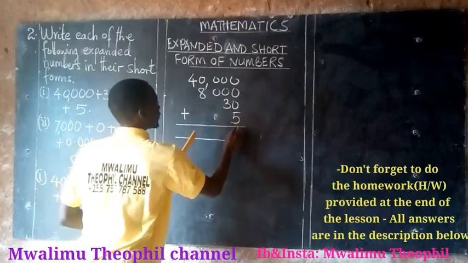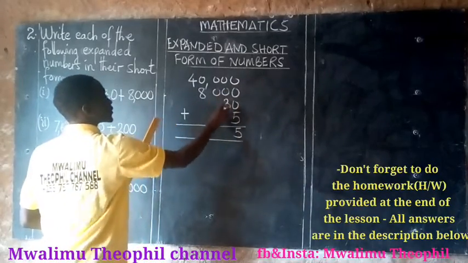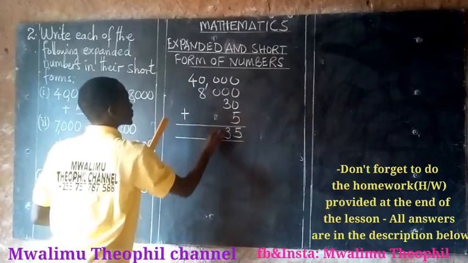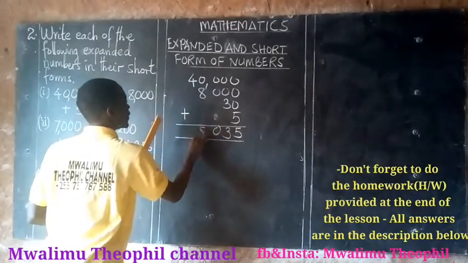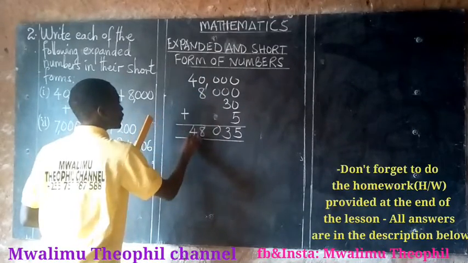Now, here will be 5, 0 plus 0 plus 3 will be 3, 0 plus 0 will be 0, 0 plus 8 will be 8, this here will be 4.